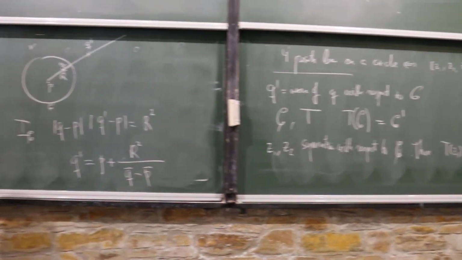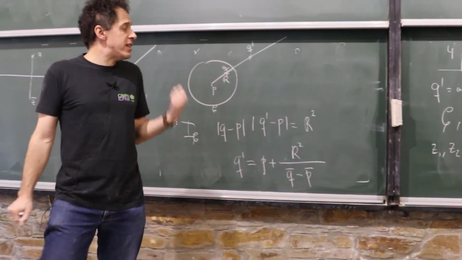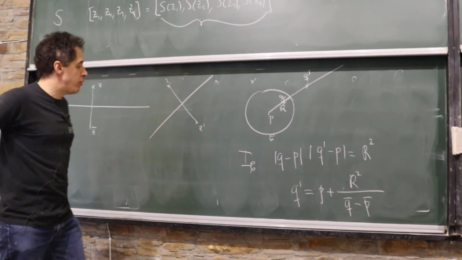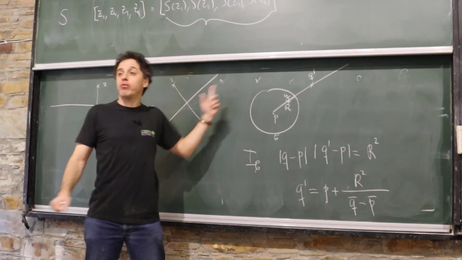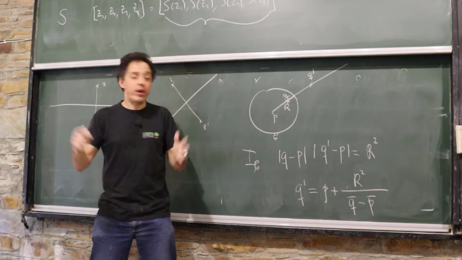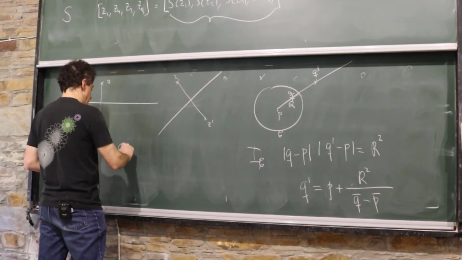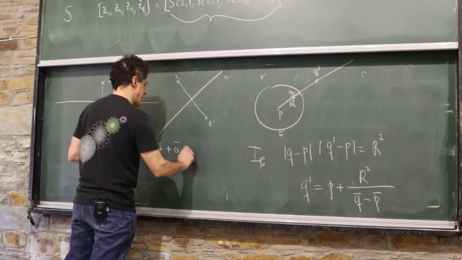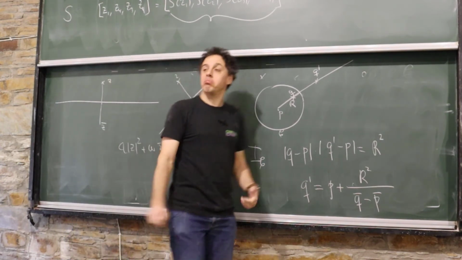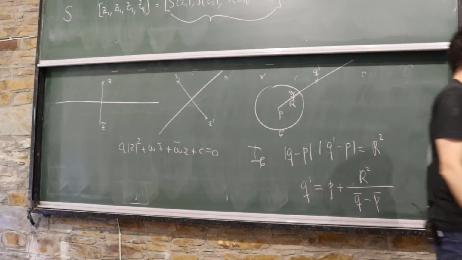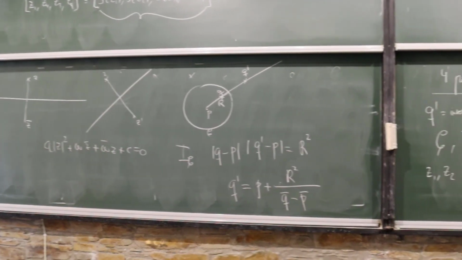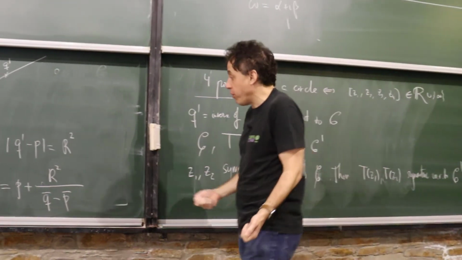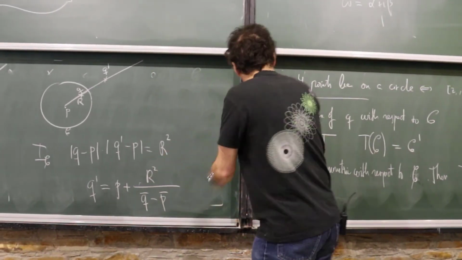Again, there are many ways of showing that. You could show directly using, for instance, the expression of the symmetry. If you take, for instance, a circle of equation as before, A z squared plus omega z bar plus omega bar z plus c equal to 0, you can construct precisely the expression of the inversion, and you can verify that.